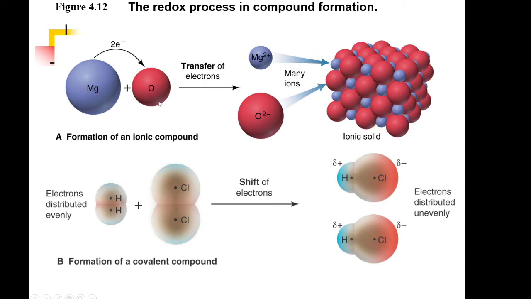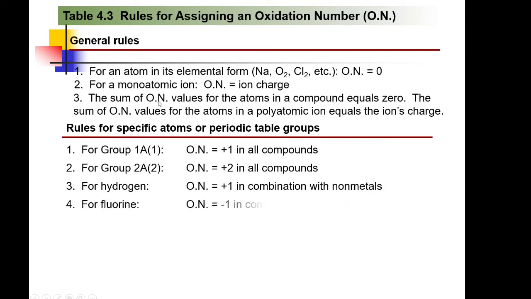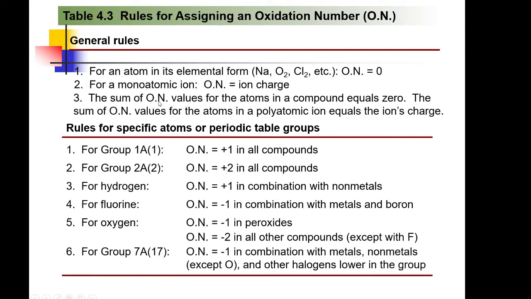So in order to figure out whether a reaction is a redox reaction or not, we have to look at something called oxidation rules. But here's the deal with oxidation rules: for the most part, if you know the charge by looking at the periodic table, you know the oxidation number. Number one, if I'm an element in my elemental state, I have an oxidation number of 0.